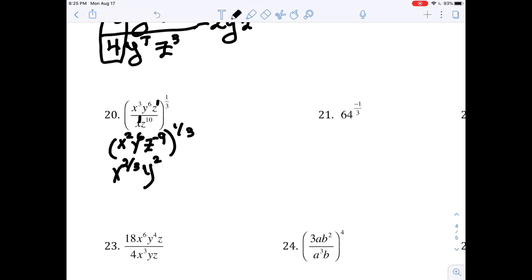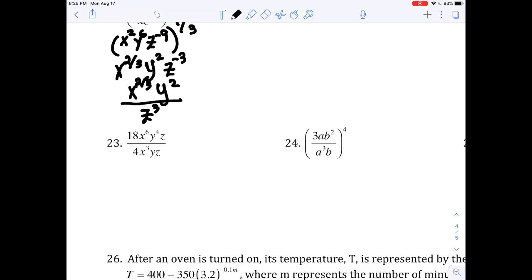And negative 9 times 1/3 is negative 3. So z to the negative 3. How do we write our final answer? X to the 2/3, y squared, and then we remember that we push that negative exponent to the denominator.